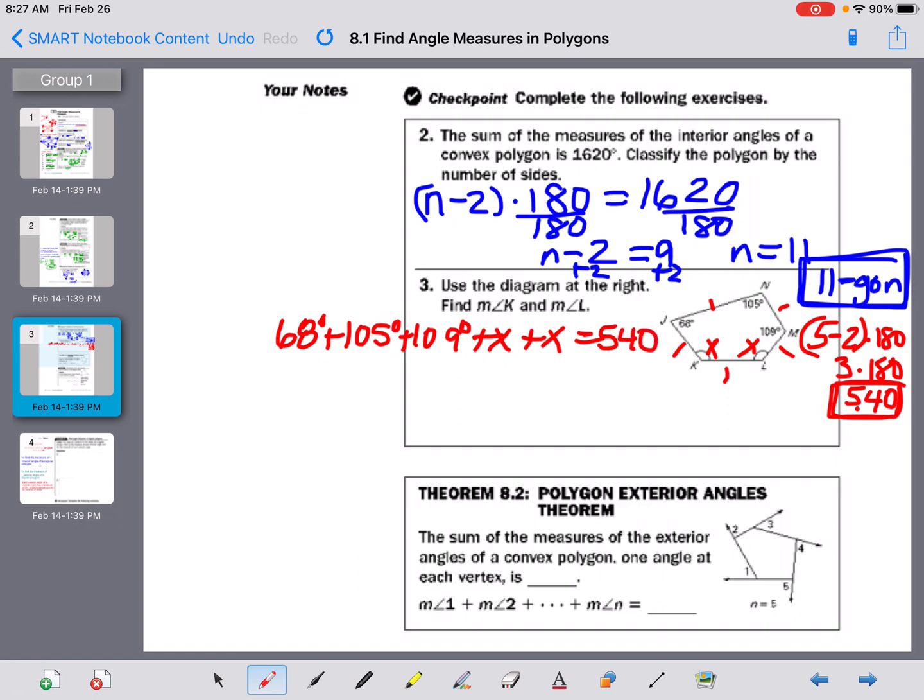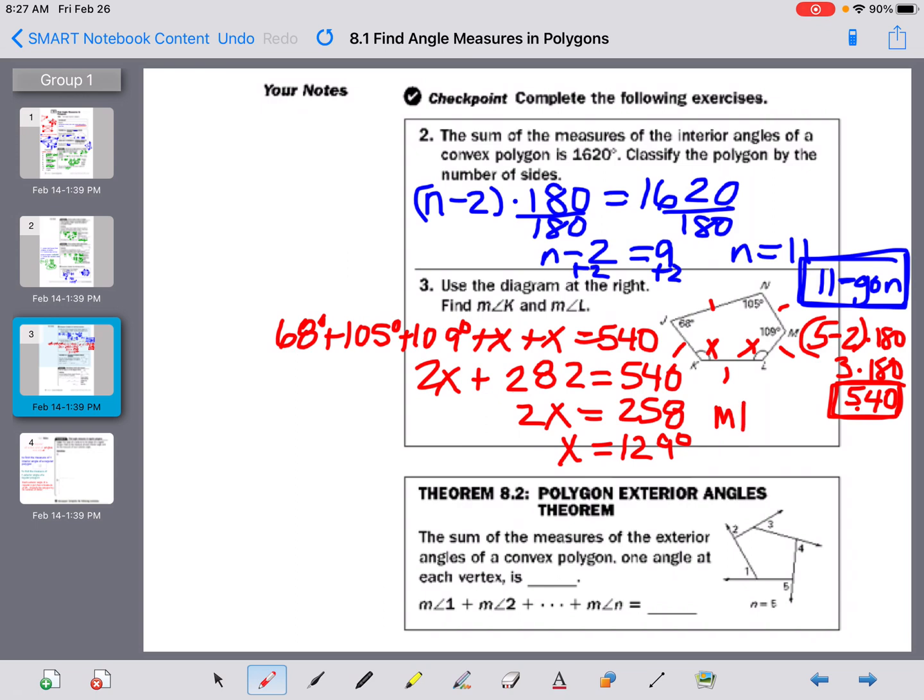I have two x's. 68 plus 105 plus 109 gives me 282. Subtract my 282 from 540, and I get 258. Divide by 2, I get 129. So each x equals 129.